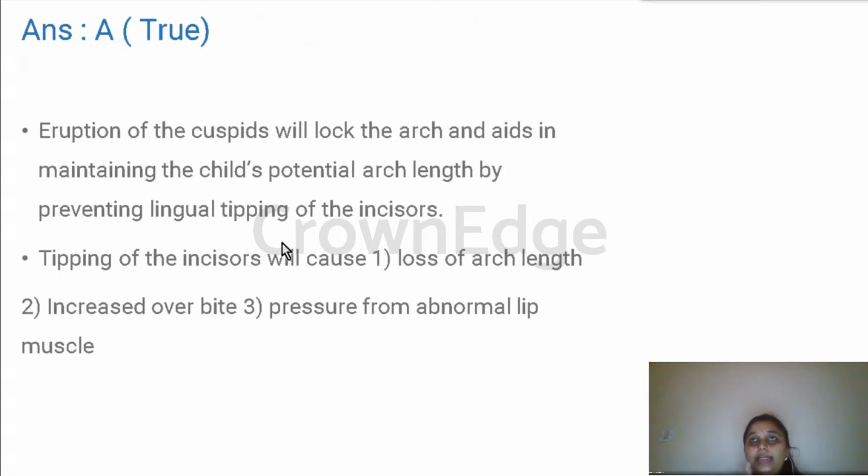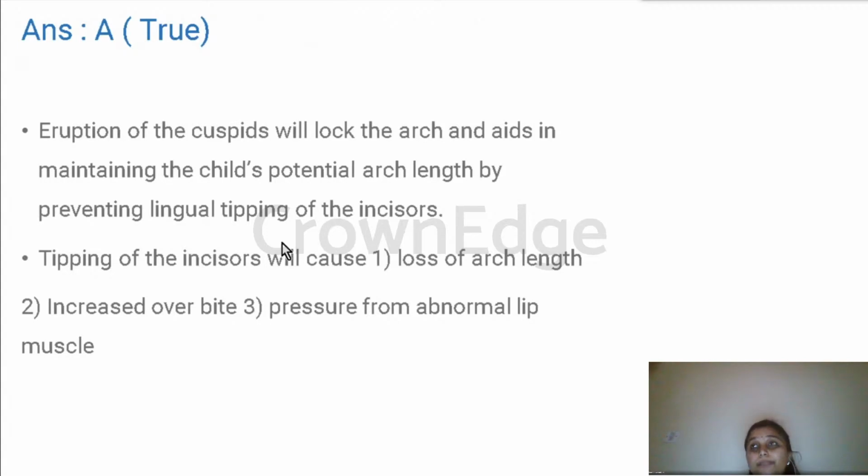Now, what happens if incisors tip? If the incisors tip, that is, they become retroclined, you're going to lose your arch length, and the overbite is going to increase. That could lead to an abnormal lip pressure. Again, like I said, even the muscular forces play a very important role in the maintenance or development of your arch. So it is true.